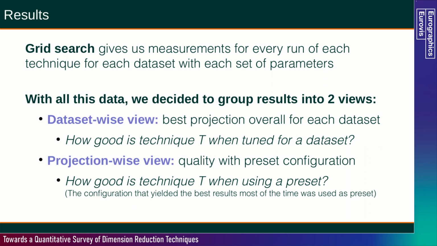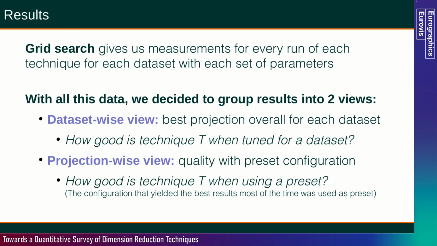So, grid search gives us measurements for every run of each technique for each dataset with each set of parameters. Having all this data, we decided to group results into 2 views. So, we have what we call a dataset-wise view, where we pick the best projection overall for each data set. By doing this, we try to answer the following question. How good is technique T when you tuned for a single data set?